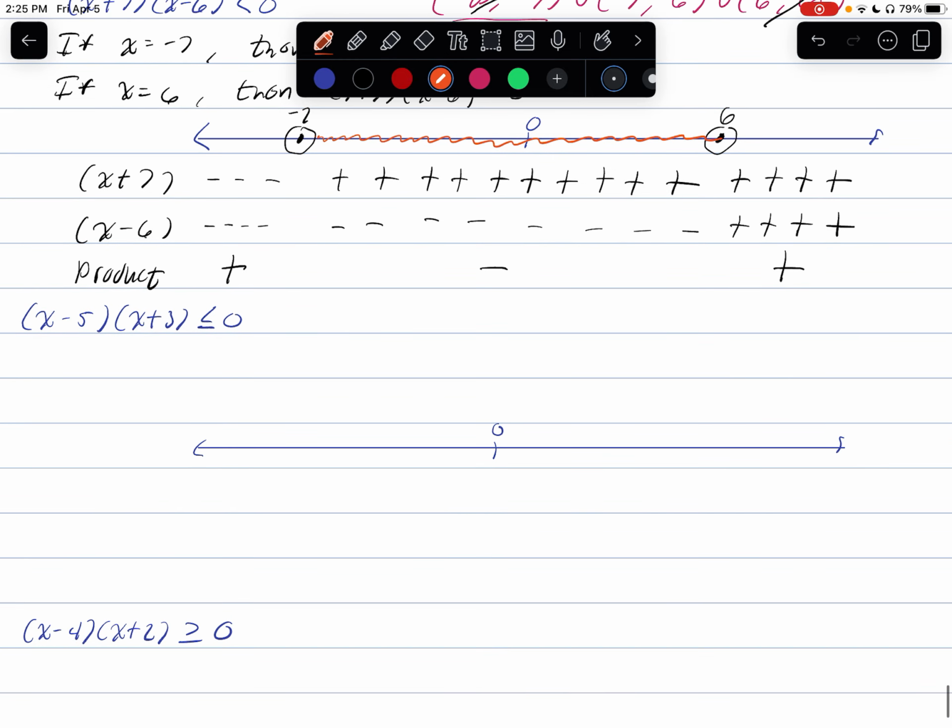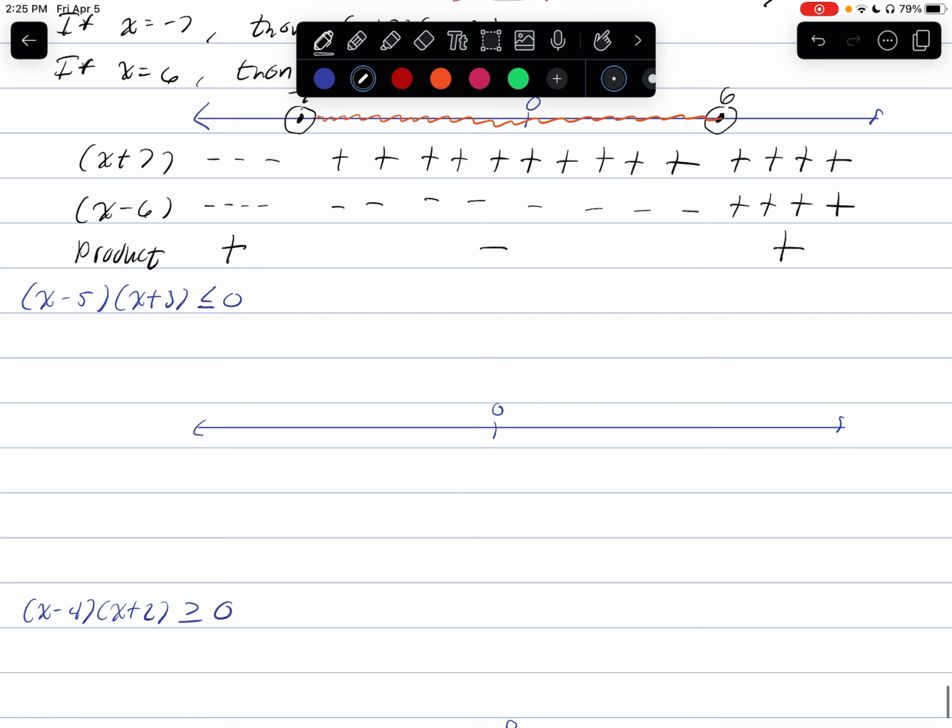Okay, let's take a look at this one. Here we have x minus 5 times x plus 3 is less than or equal to 0. So remember, first we check the zeros. If x equals 5, then x minus 5 times x plus 3 is equal to 0.